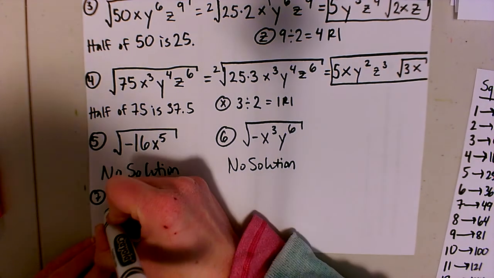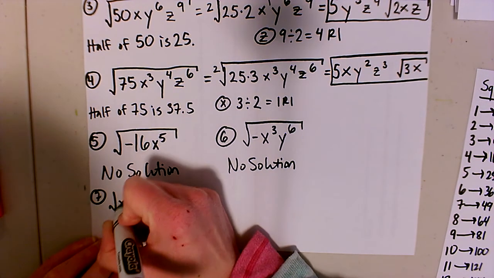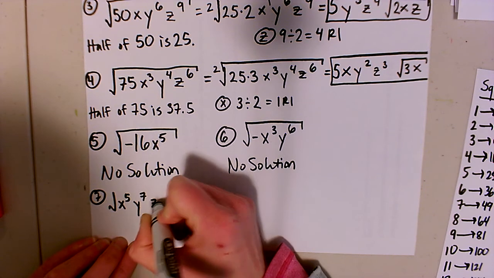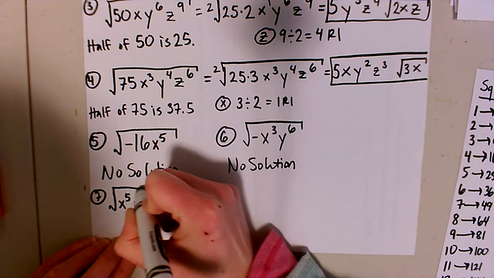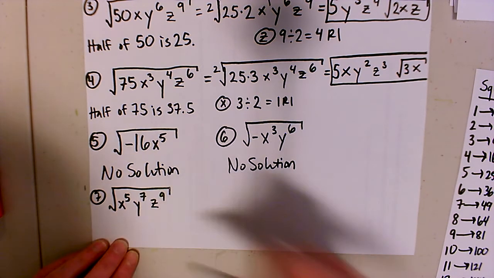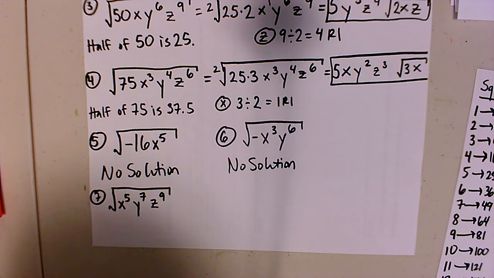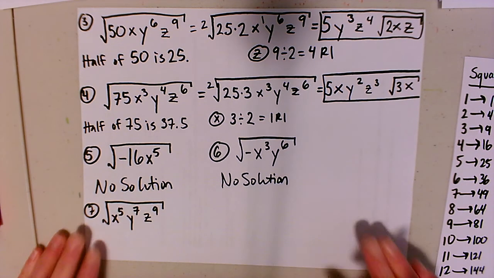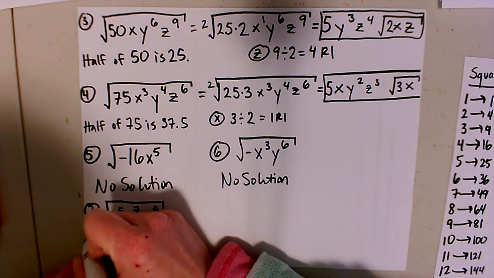So for number 7, we have the square root of x to the 5th, y to the 7th, z to the 9th. Okay, so 5, 7, and 9, none of those are perfect multiples of 2, so we're going to have to divide all of those by 2 and deal with our remainders.